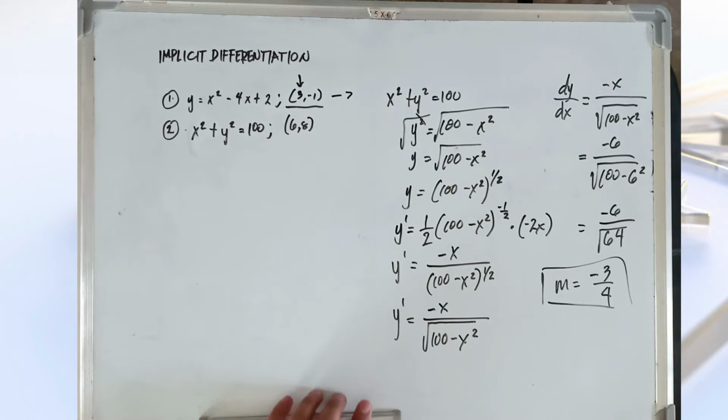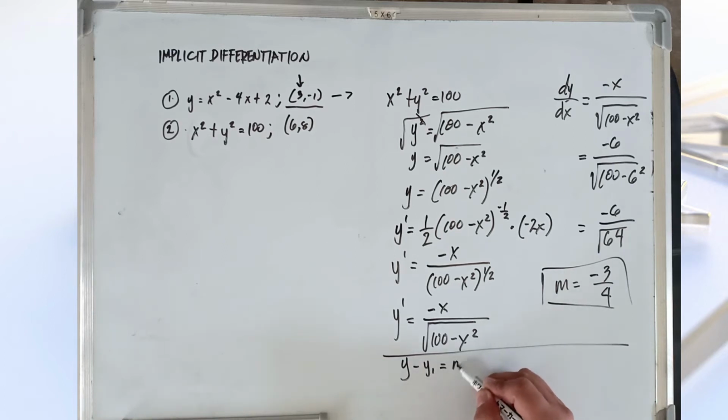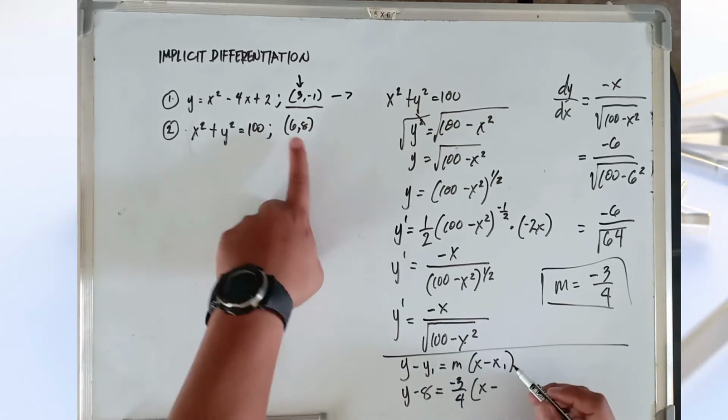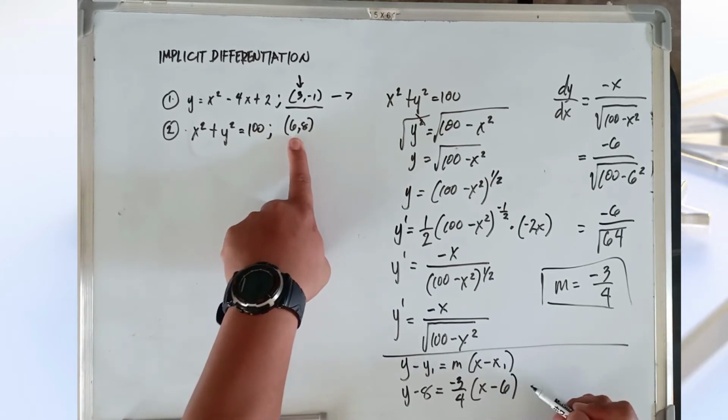Now, in the same manner, we will be using our slope point form. We have y minus y1 is equal to m times x minus x sub 1. Y minus, our y1 is 8, is equal to, the slope is negative 3/4 times x minus the abscissa 6.